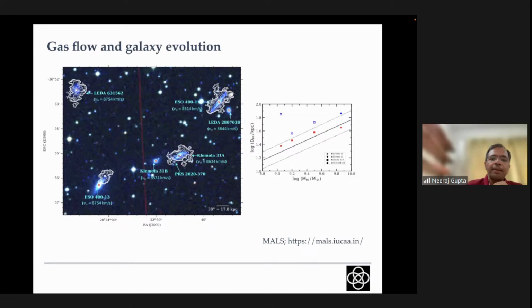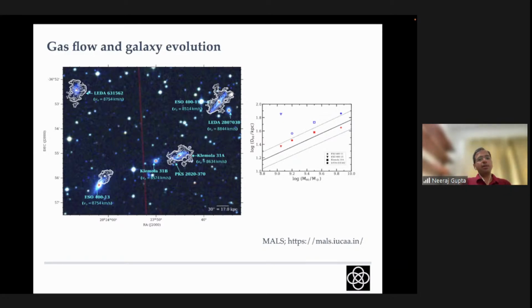That is one thing. But when we estimate where they would lie in the D_H1 M_H1 plot, we find that the relation still continues to hold very well for these galaxies, despite the fact that they are going through this interaction, even though the sizes are much less than what we would predict from the optical disk.